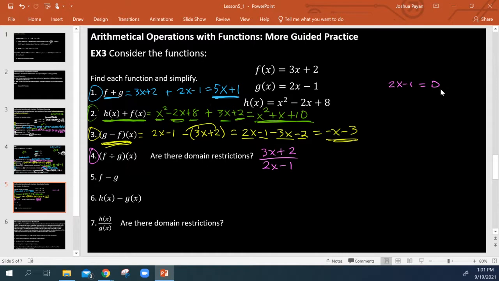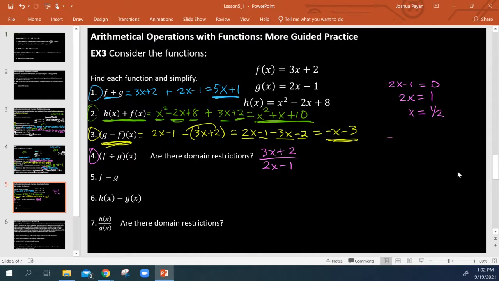What value of x would make this equal to 0? If we set it equal to 0, we'll be solving for the literal x that will make this denominator equal to 0. So 2x equals 1. Divide by 2 on both sides. x equals 1/2.